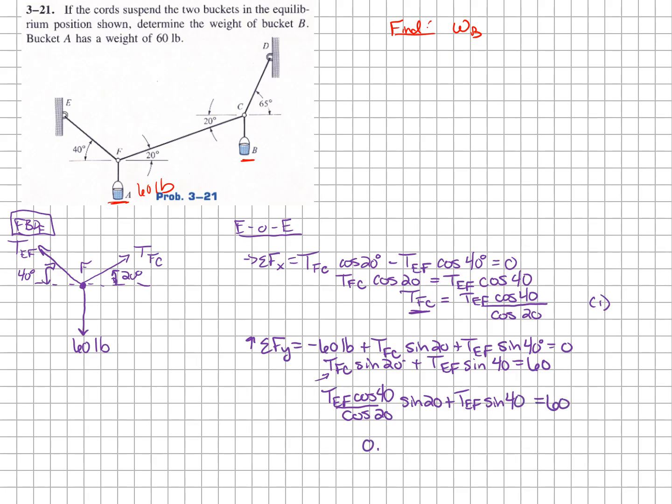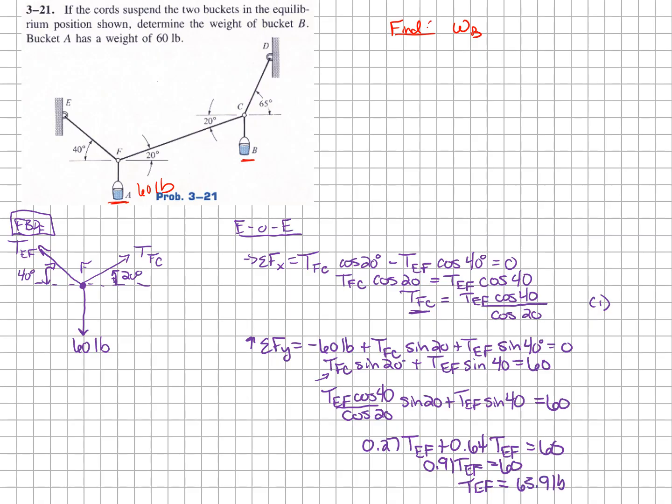So then I have 0.27 TEF plus 0.64 TEF is equal to 60. 0.91 TEF is equal to 60, and so TEF is 65.9 pounds.